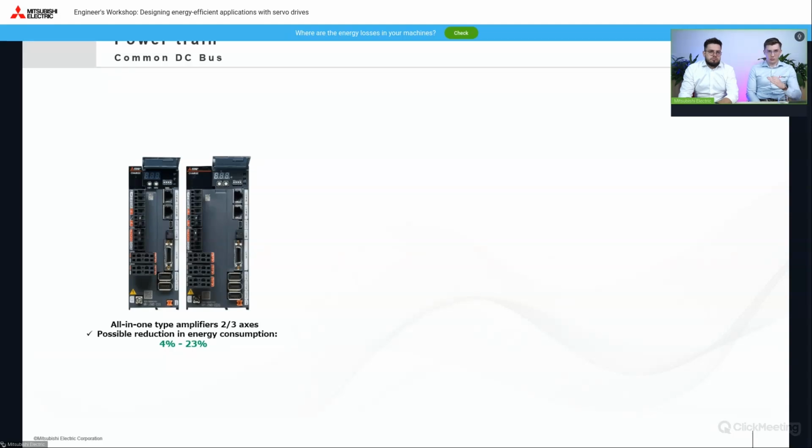By the way, this is quite a unique solution on the market, where we have 2 or 3 power outputs for the drives with a single power connection. Such systems are popular in the machines of many of our customers, from packaging to the printing industry and a lot more, for example, manipulators. From our analysis and experience, the energy savings in this type of solution will range from 4 to as much as 23%.